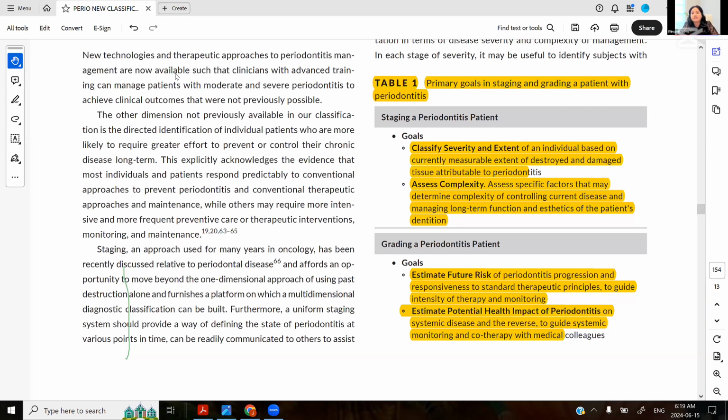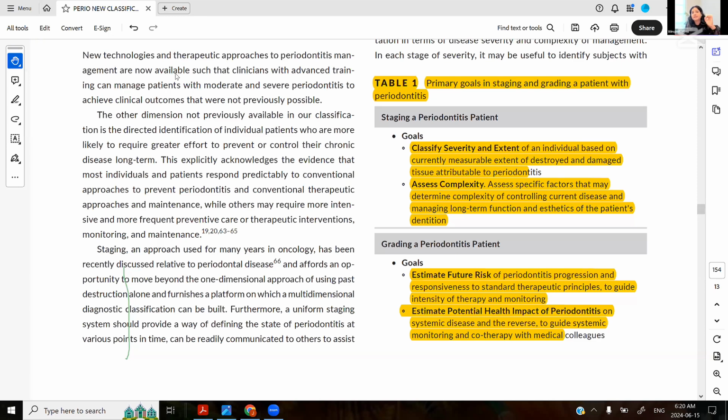And what are the effects already seen in the mouth which can make my management complicated? So knowing the severity and extent and assessing the complexity, these two are important from the stage. Once I tell you stage 3, immediately the attachment loss, the bone loss, and your complexity factors should come to your mind. That's the goal, or not?